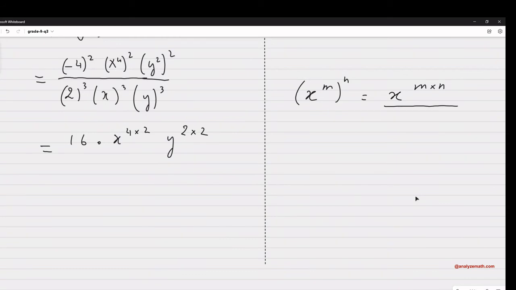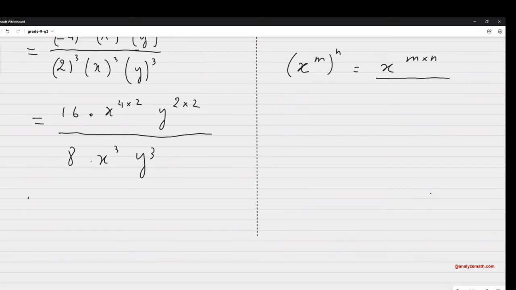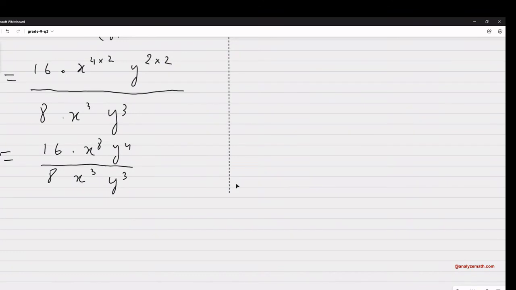I am putting all the details so that the video can be followed without any problem. 2 to the power 3, it's 2 by 2 by 2, 8. And then x^3, and then y^3. Good. Simplify what we can simplify. 4 times 2, 8. 2 times 2, 4. 8, x^3, y^3.